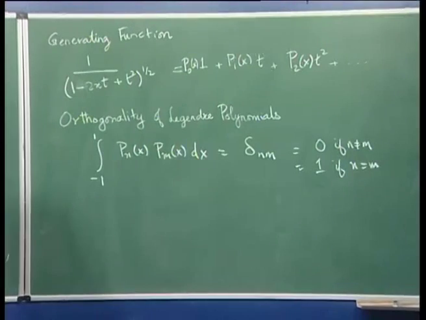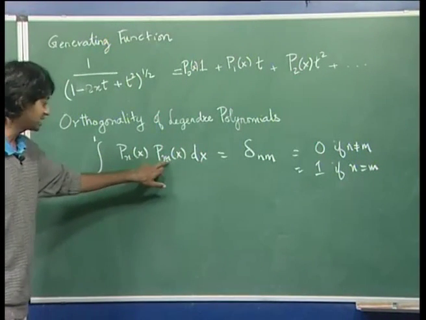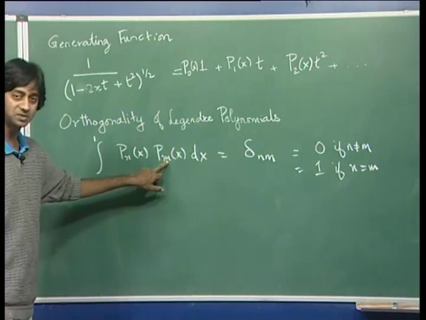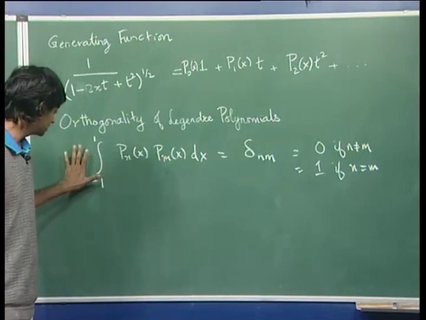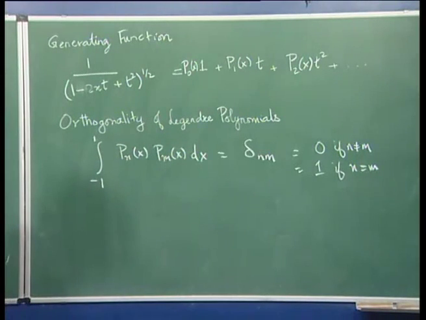Okay, so there are two things in this. First of all, if you take n and m to be different from each other, then the integral will be identically 0.